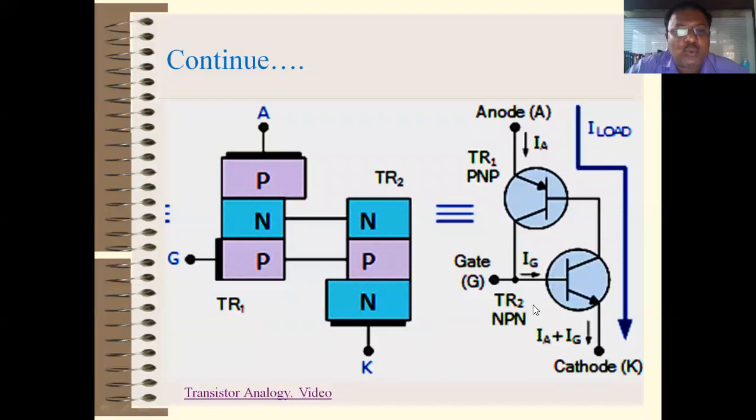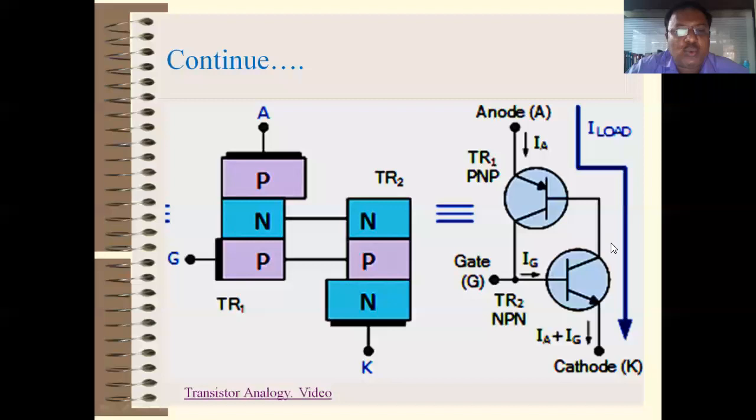Now I'll explain with the help of this figure. The equations are already given to you, and you might have learned these common emitter and common base configurations in EDC, so we can easily understand. But I just want to explain here with the help of this figure. See, the gate current IG is nothing but the base current of transistor T2, so IG equal to IB2, right?